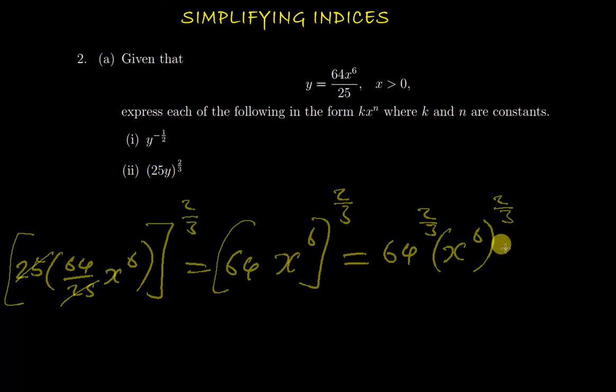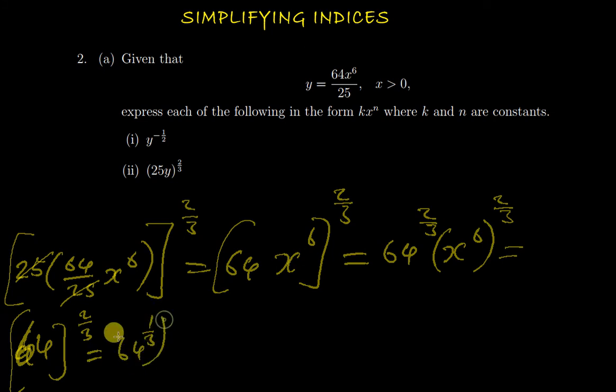From there, remember what I said about any number raised to the power 1 over 3. Let me just use the same 64. If you have 64 raised to the power 2 over 3, this is just the same as 64 raised to the power 1 over 3, then in brackets squared. 64 raised to the power 1 over 3 is just the cube root of 64, then everything in brackets squared.